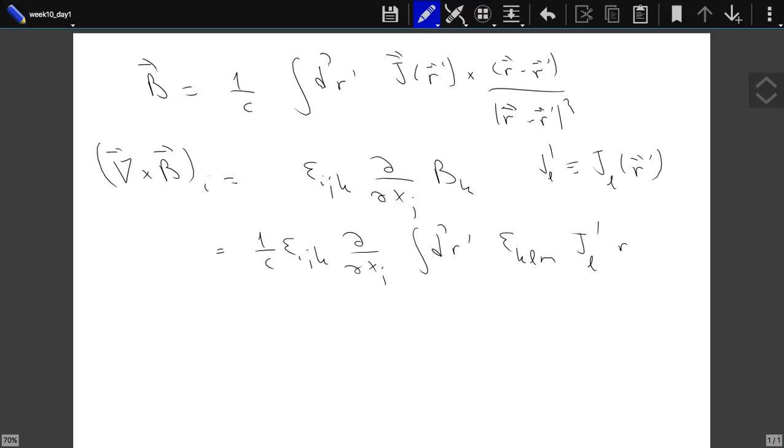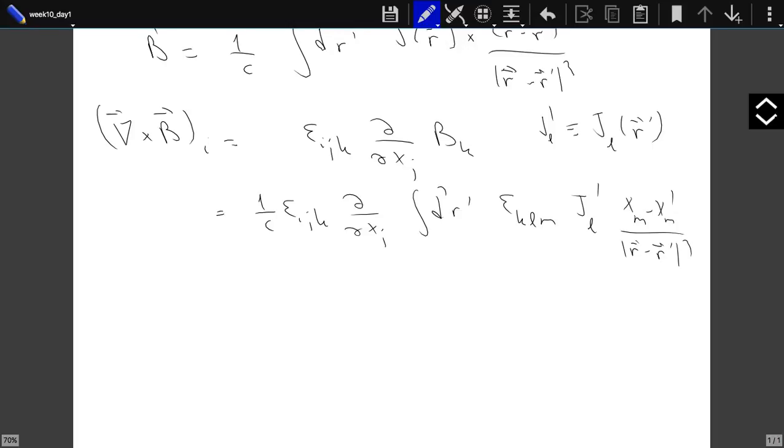And R, x m minus x m prime, divided by R minus R prime cubed. The components of R I just call x i, x j, x k.